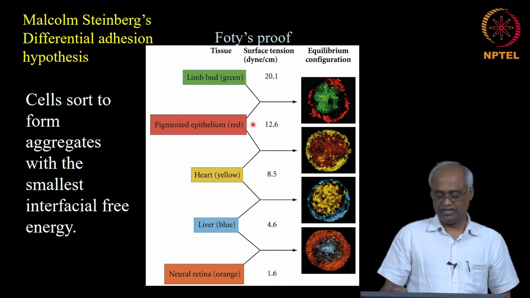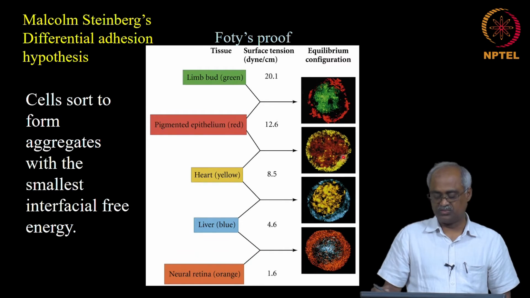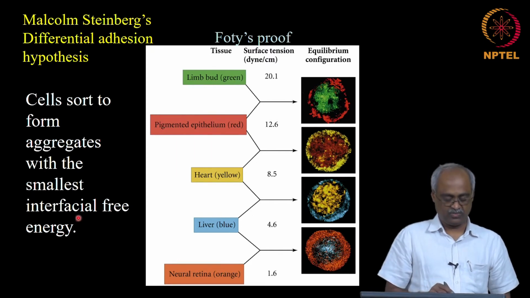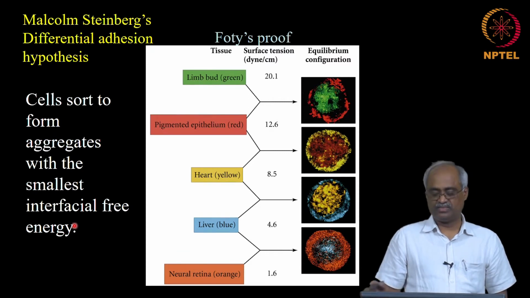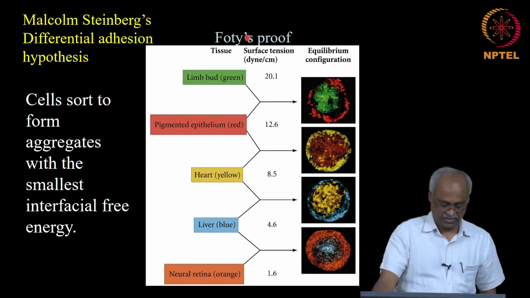In the next, between this red and this yellow, the yellow has the lower surface tension, so as a result that goes outside, and so on to the next two pairs as well. So, cells sought to form aggregates with the smallest interfacial free energy. So, this is one of his students who measured and showed this is what happens.